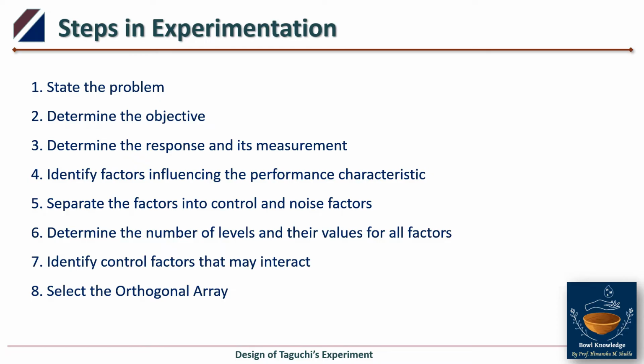So 7 factors are on the left hand side which are influencing the job satisfaction. But there is possibility that any 2 factor from these 7 factor may interact with each other. So salary and working hours may interact with each other. We are not sure. So such interaction should also be identified in your area of research. Then step number 8 is selecting the orthogonal array for experimentation that we will see.